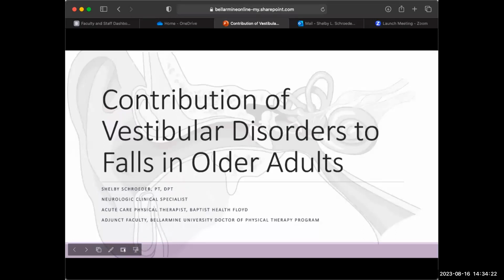Hey, Shelby, I don't think we're seeing your slides progress. Okay. It said that my screen sharing is paused. I'm pressing the play button, but it's not saying that it's resuming the share.